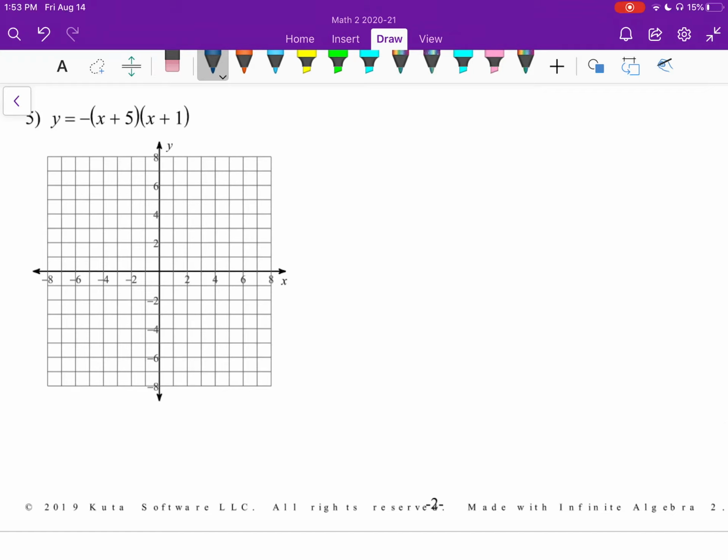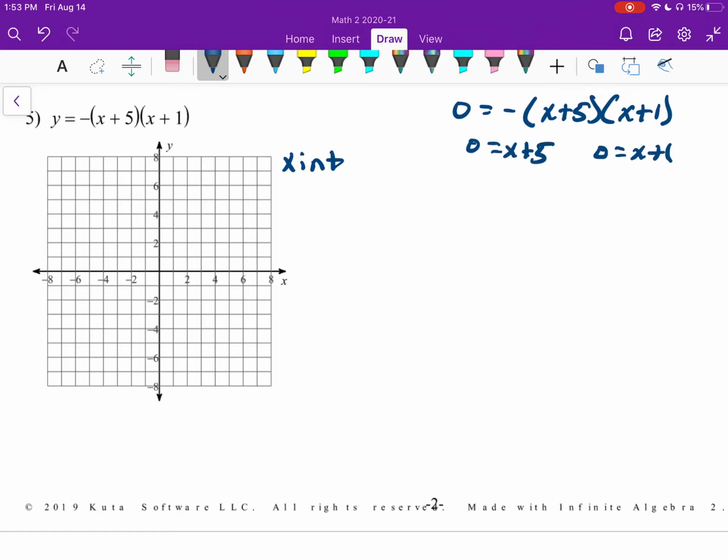My x-intercept is what I start off with. I'm going to say 0 equals negative (x plus 5)(x plus 1). This means that 0 is x plus 5, or 0 is x plus 1. So x is negative 5, or x is negative 1. So my x-intercepts are negative 5 and negative 1.